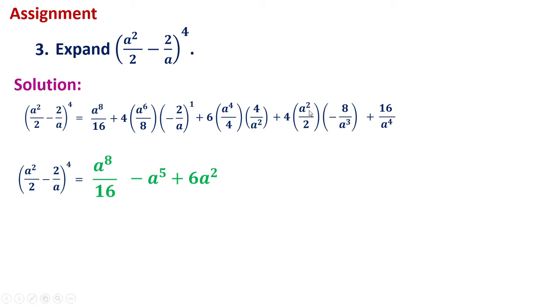Tapos, 2 minus 3 is negative a negative 1 power. I-reciprocal natin para maging positive. And remember, negative din to, di ba? Because of this one. Yan, positive and negative. So, we have negative 16 over a. And then plus 16 over a to the 4th. So, that will be our answer. Yan.